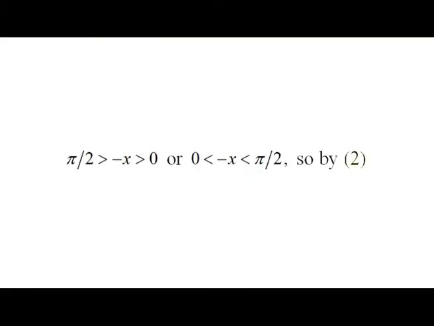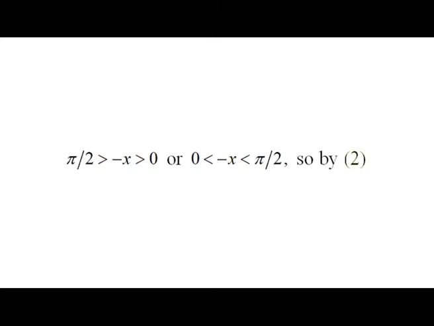We now show that the inequalities in 2 also hold for -π/2 < x < 0. Multiplying this inequality by -1, we obtain π/2 > -x > 0, or 0 < -x < π/2.